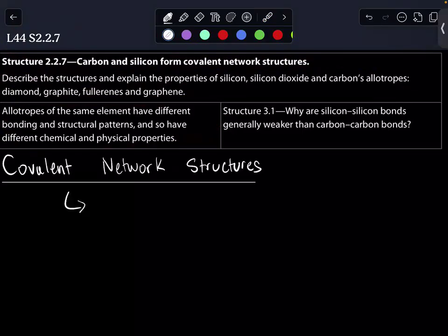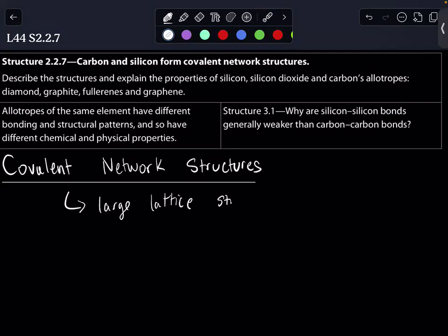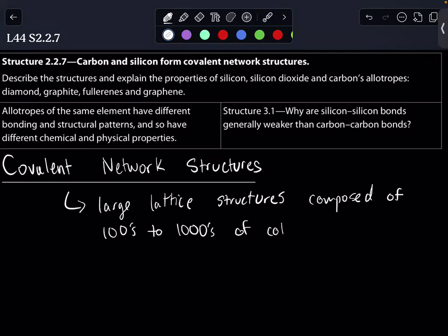What is that? What does that even mean? Well, these are large lattice structures, but the difference from the lattices of our ionic bonds is that these large covalent structures are composed of hundreds to thousands of covalently bonded atoms.